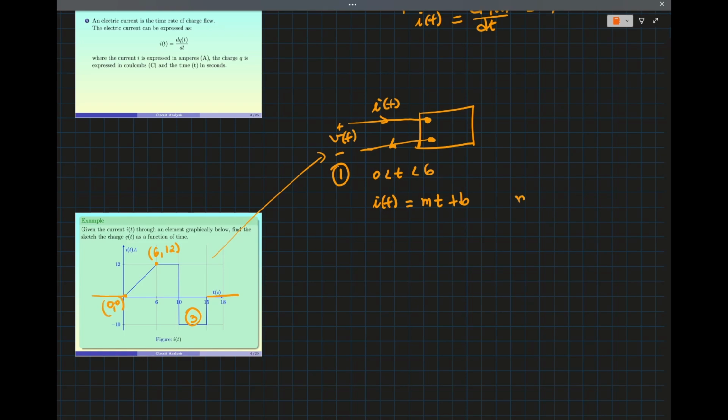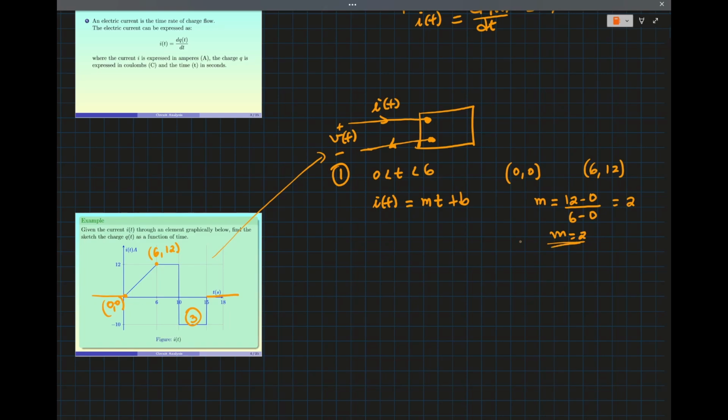The slope is the rise, 12 minus 0, divided by the run, 6 minus 0, which is 2. So m equals 2.